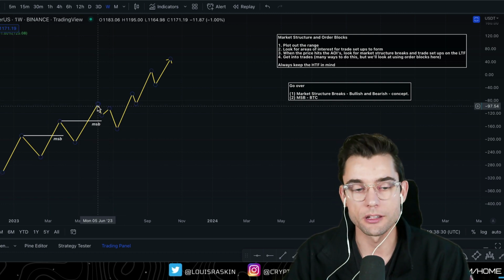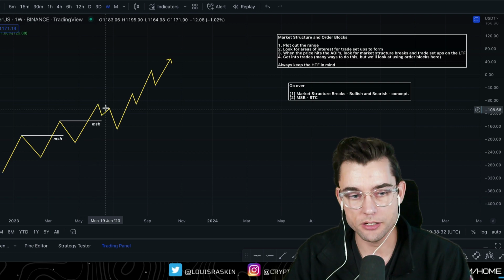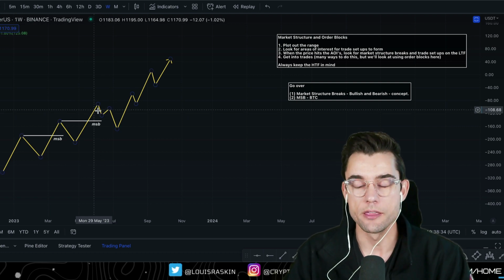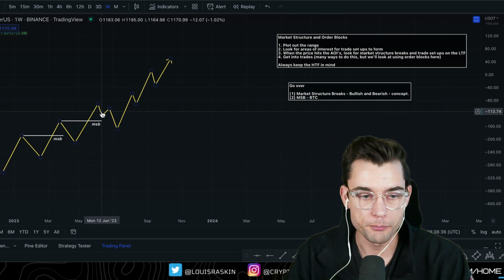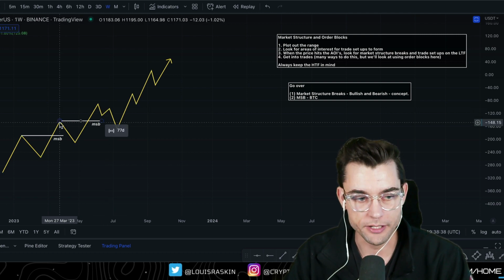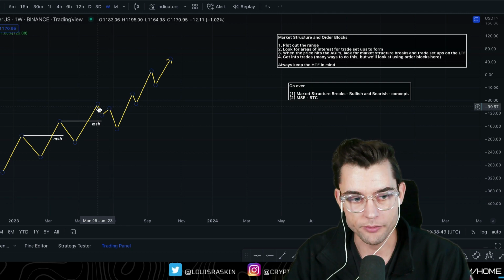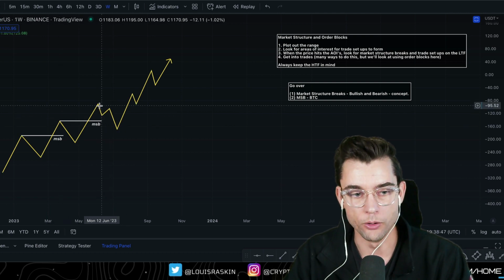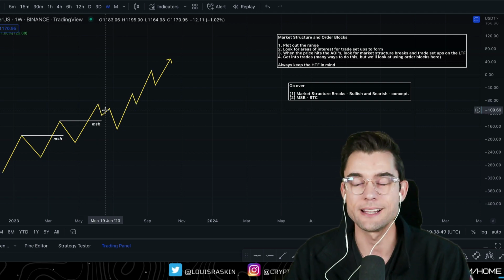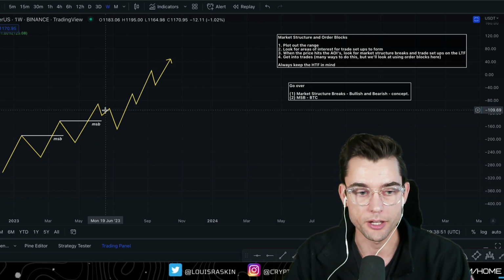There's still no break in the market structure. This right here does indicate that the trend is getting weaker because remember this one right here just went straight above the previous high, and this one right here went straight above the previous high, and now this one did not go above the previous high. So that's indicating that there's some weakness in the market.